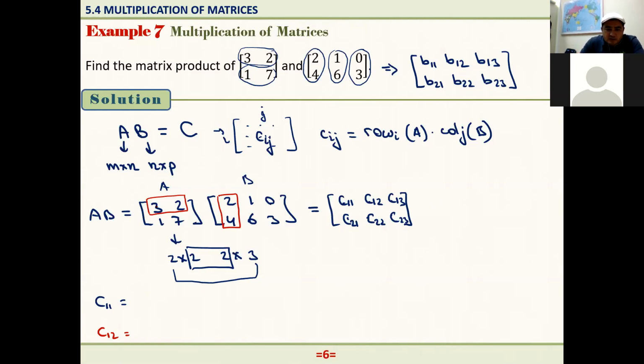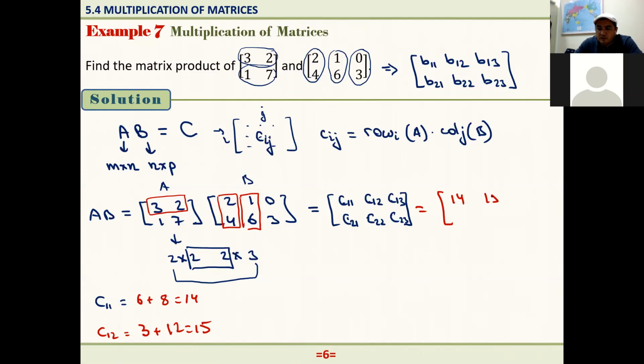For example, C11: 3 times 2 is 6, plus 2 times 4 is 8, so that is 14. And C12, the first row by the second column. We know how to multiply a row matrix by a column matrix. 3 times 1 is 3, plus 2 times 6 is 12, which equals 15.